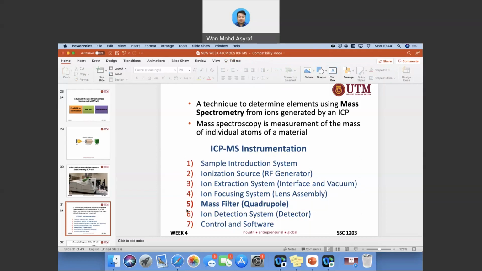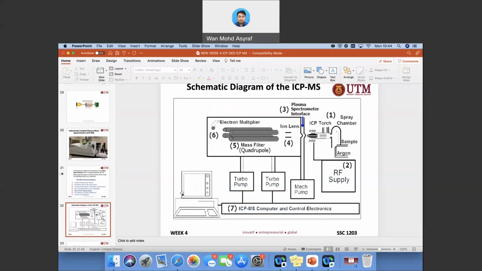Okay, 3, 4, 5, 6 are quite different from the ICP-OES. Basically, this is the schematic diagram of ICP-MS. The spray chamber, from the sample aspiration into the torch, and even the radio frequency generator, the RF supply here, is quite the same as ICP-OES.